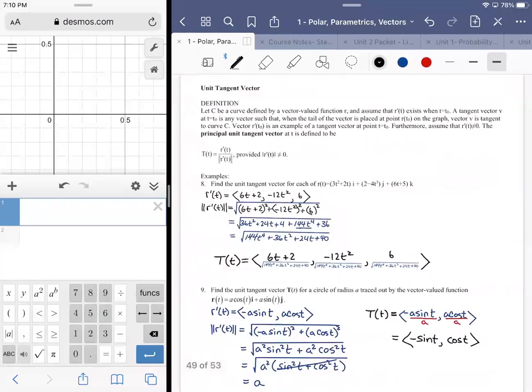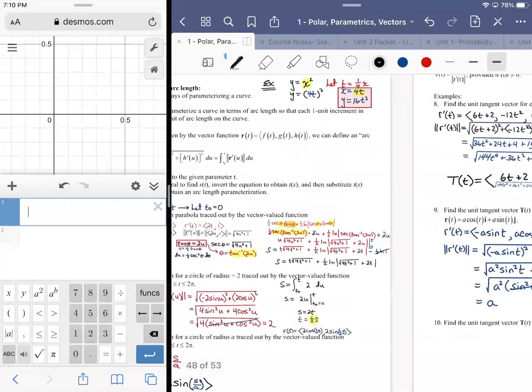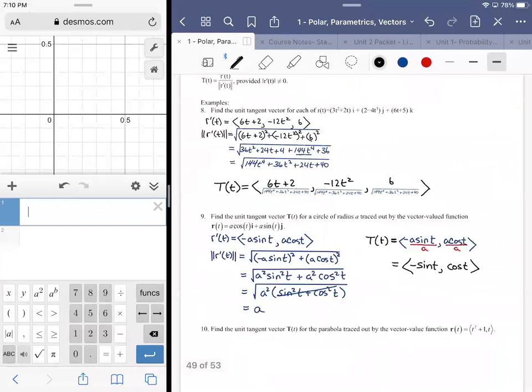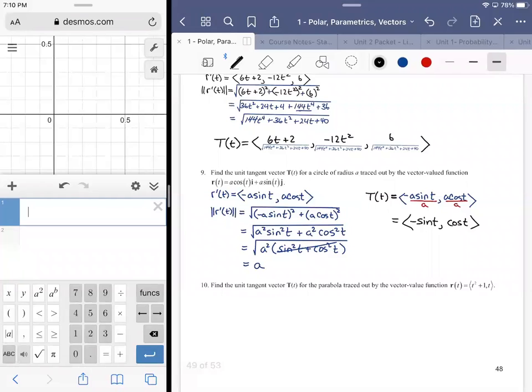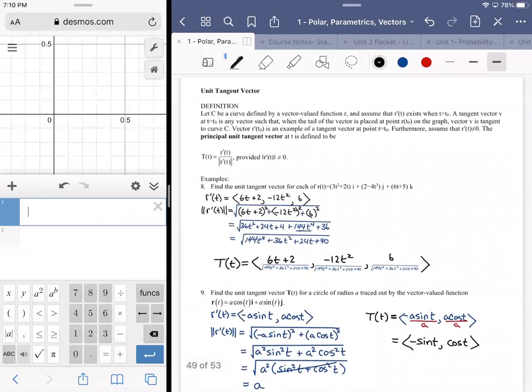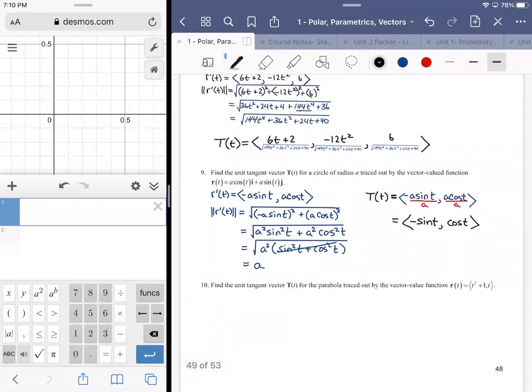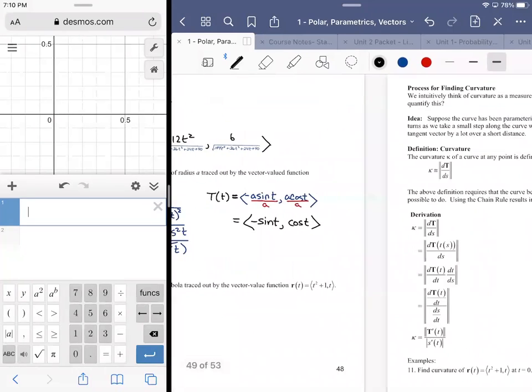Oh wait, no, we didn't. We were close. It was similar, and t squared, not t squared plus 1. Dang it. Still essentially the same idea, but this is kind of a repeat of number 8, so I don't have a problem skipping this one, just for the sake of sanity.